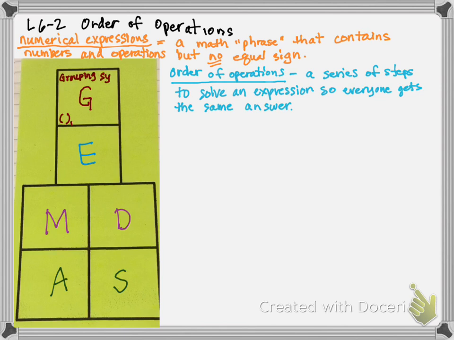Now, this is going to go out, but that's okay. So grouping symbols. So we've got our parentheses. Then we have brackets, so those are the squared off ones. Then we have braces, which look like, and I'm really bad at these, a forehead, a nose, and a chin, something like that.